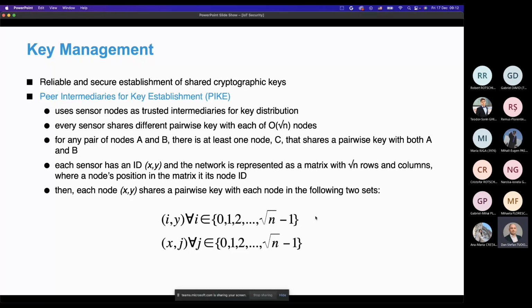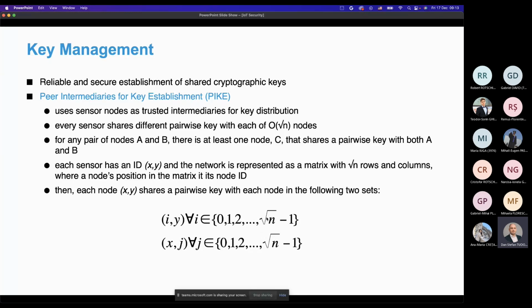Each sensor has an ID in the form XY, where X and Y are in the domain 0, 1, 2, up to square root of n minus 1, where n is the number of nodes in the network.